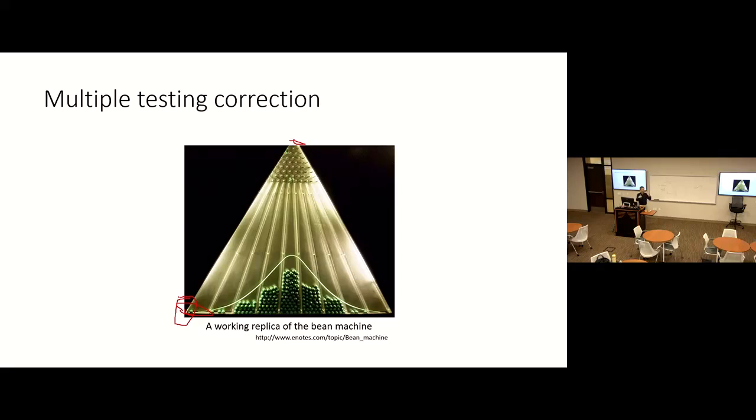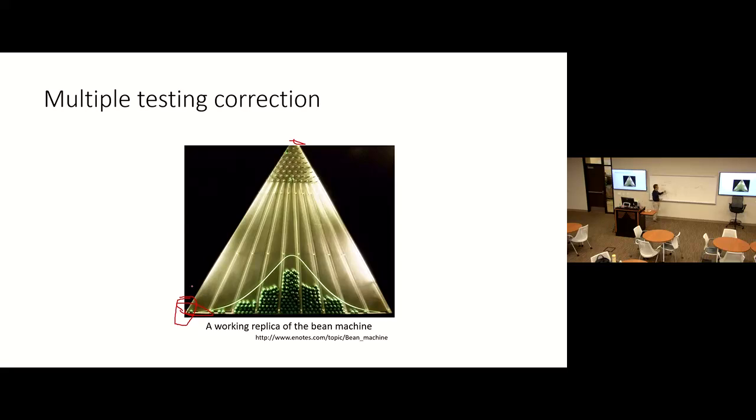You are rebuilding the whole distribution, so you expect some of these beans to be in there. It's very different from what I just described, where you come into the museum in the morning, drop one bean, and this bean jumps to the end. That's a very special event. So in order to claim this, you need to take into account how many tests you did.